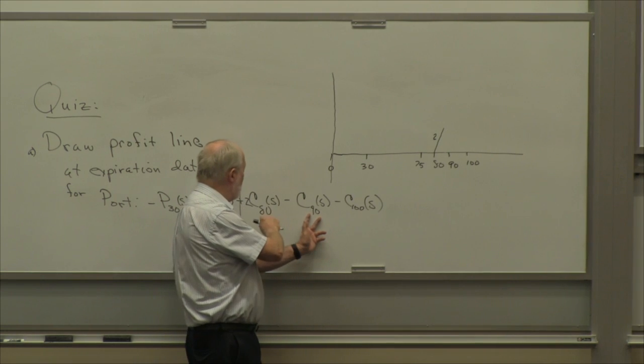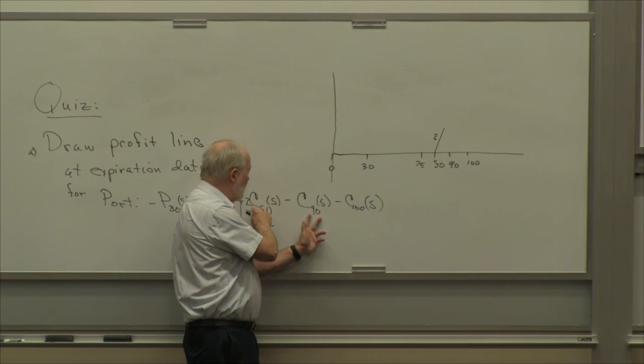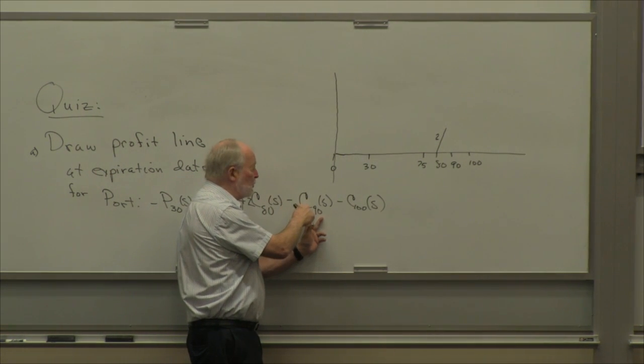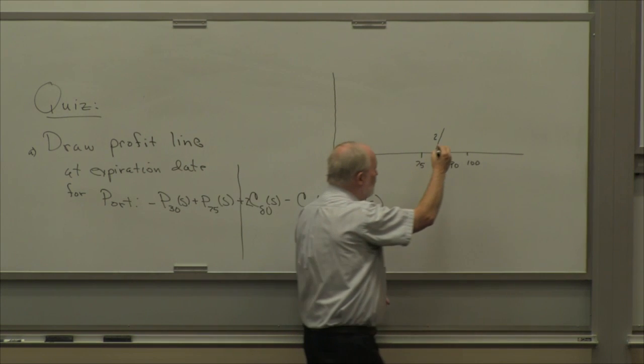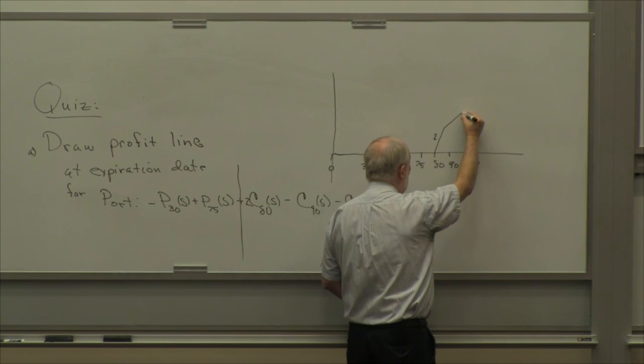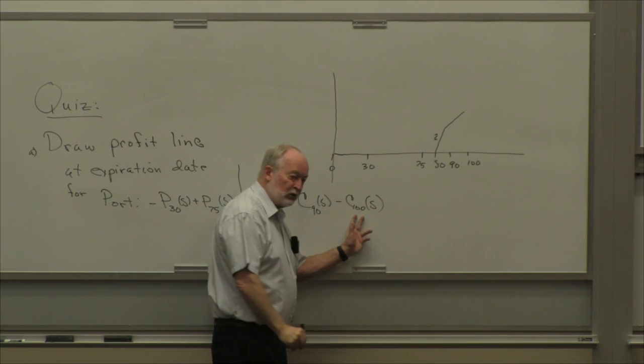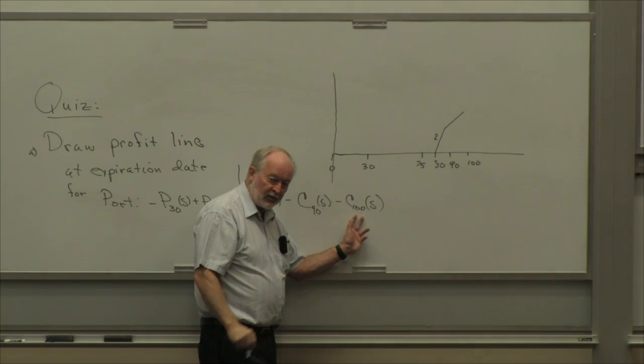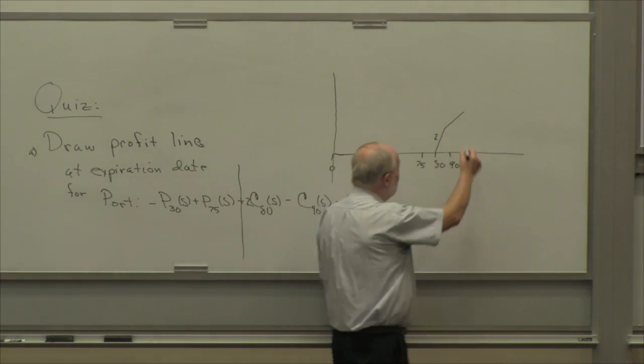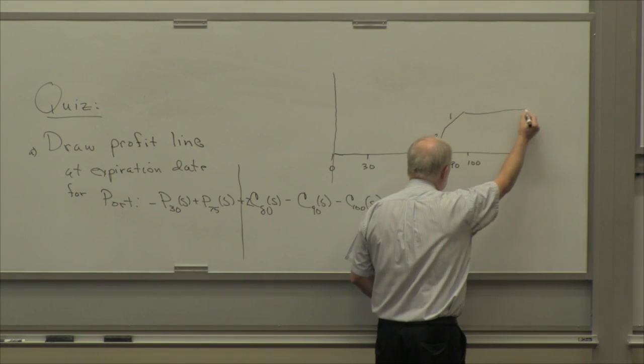So when I get to 91, from 90 to 91, I'm going to get $2 here, and I'm going to lose $1 here. So the slope is now going to start being 1. And when I get to 100, I'm losing another $1. And so the slope is going to be 0.